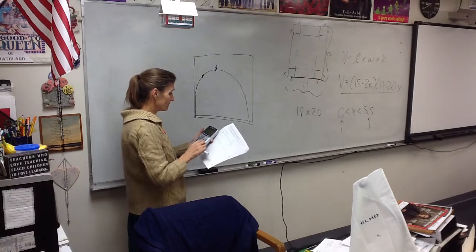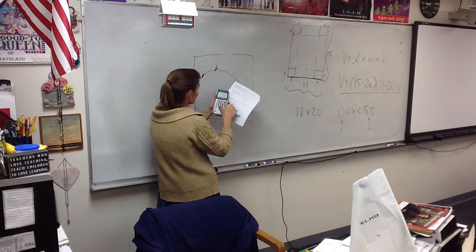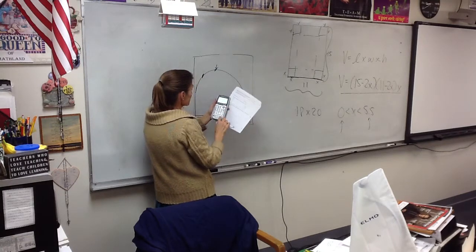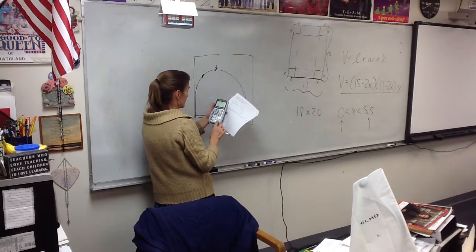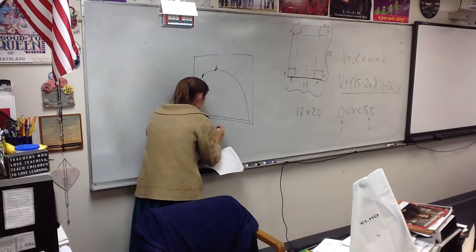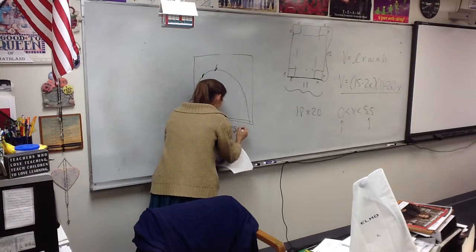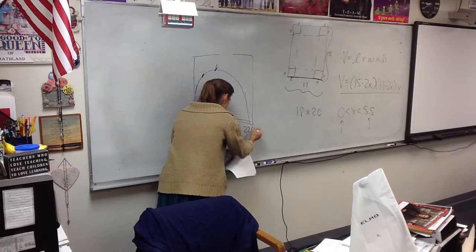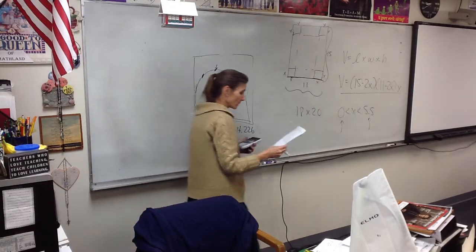Press enter. Then move it over here so it's to the right. Press enter. And then move it up to the top of the hill. Press enter. I got 2.091 and 154.226. Now let's answer the question.